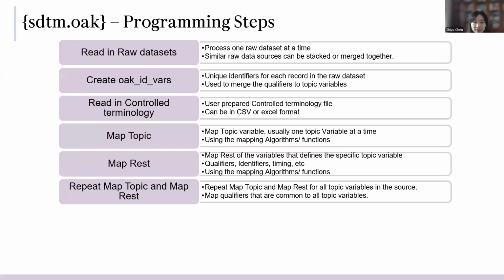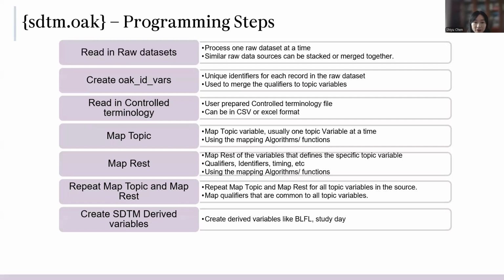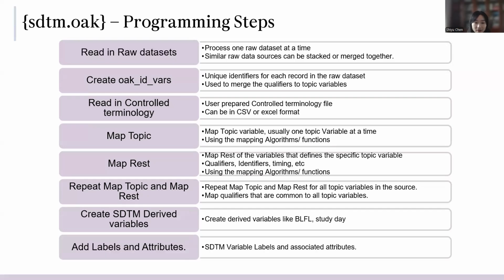And we repeat the same process again and again for all the topic variables in the source, and we can map the qualifiers that are common to all the topic variables. And we also have functions for derivation variables like baseline flag and study day. And lastly, we can assign labels and attributes to the variables. So these are the generic steps that can be used for most of the domains.